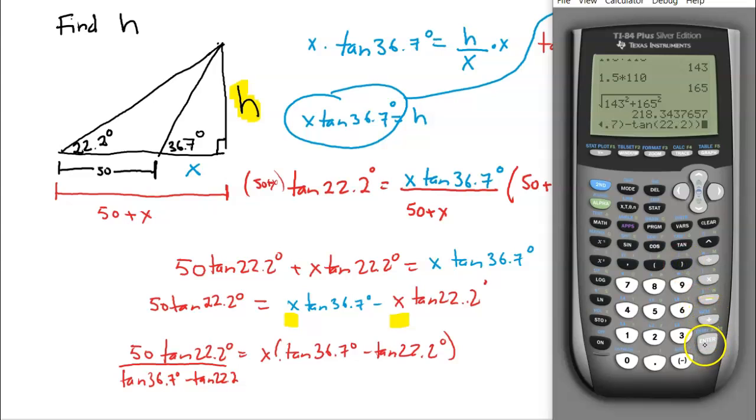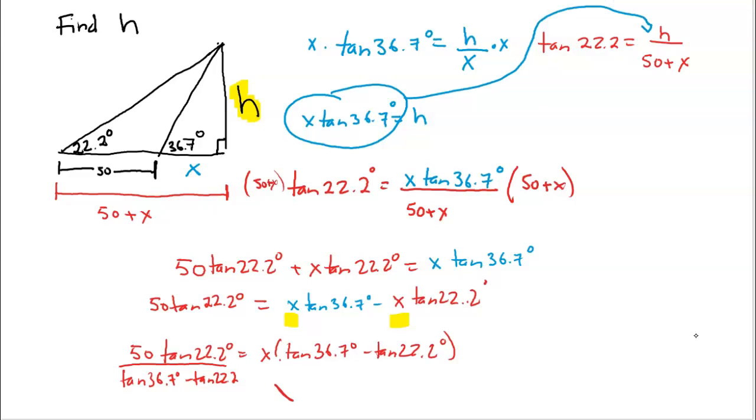So this should give us 60.49. All right, so this little guy right here is 60.49. So x is 60.49.